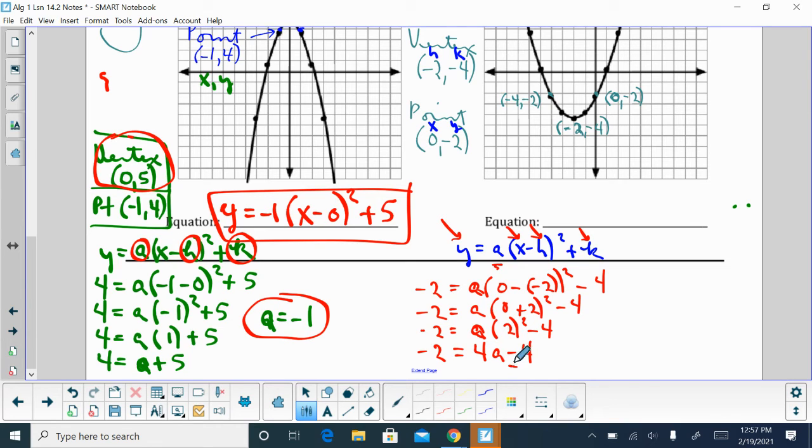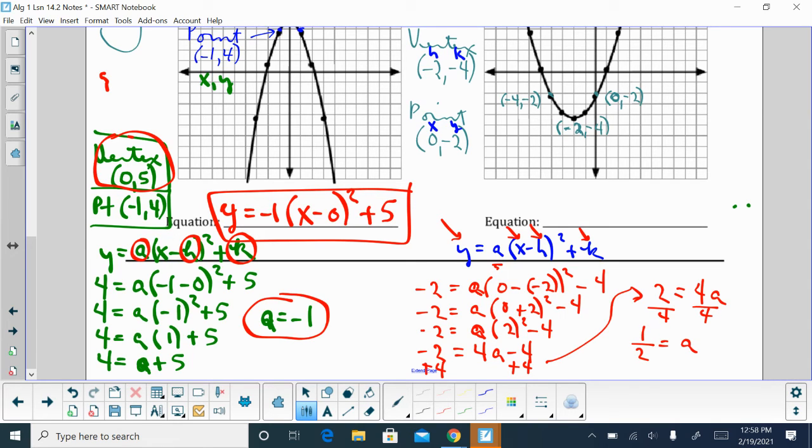And now it's going through the process of solving for a. I now have 2 equals 4a. And now solving finally for a, I get that it's 1/2.